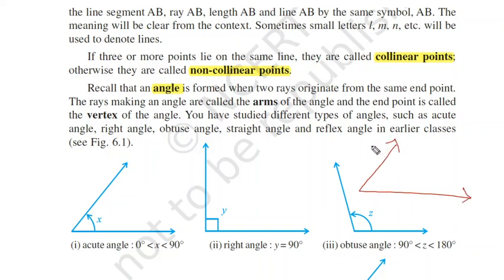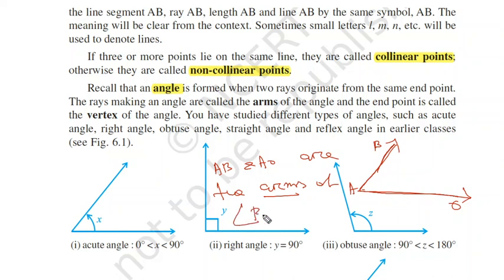I'll name it again: A, B, O. You can see AB is a ray, AO is a ray. So AB and AO are the arms of angle BAO.